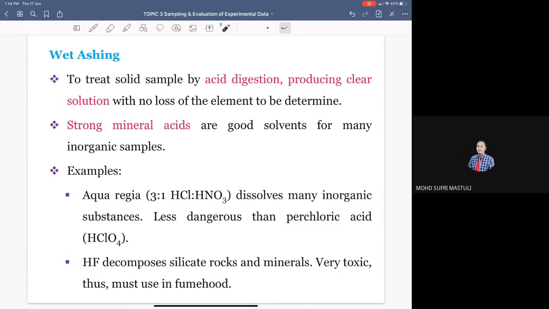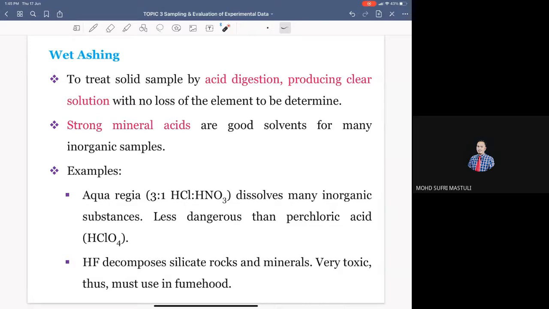So wet etching is to treat the solid sample by using acid digestion to produce a clear solution with no loss of element to be determined. So we can use a strong mineral acid as a good solvent for wet etching.